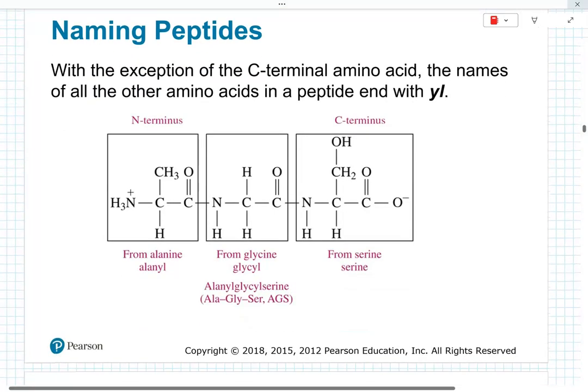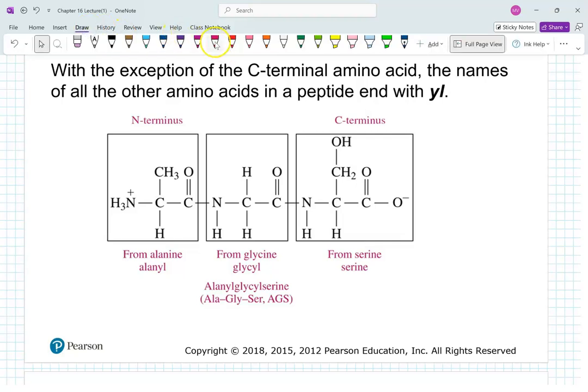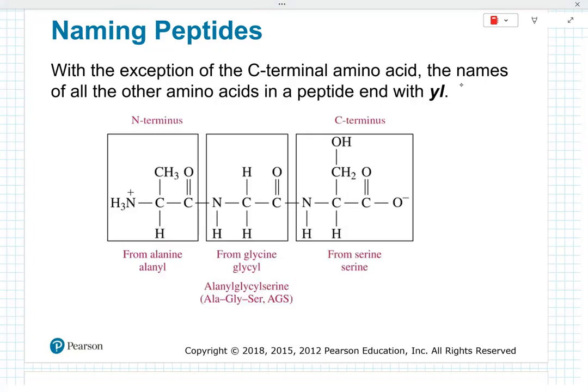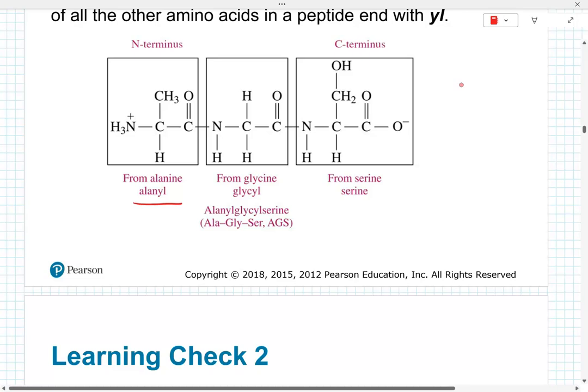What if you have more than 2 amino acids in the peptide? You start from the N-terminus, going left to right, changing the ending from INE to YL. Sorry, alanyl, right? Glycyl.